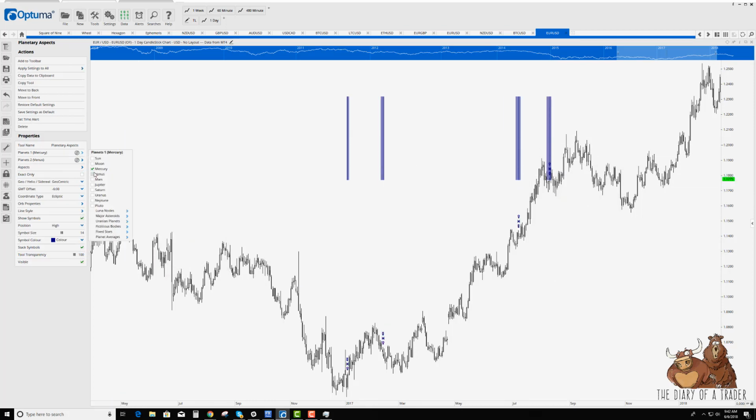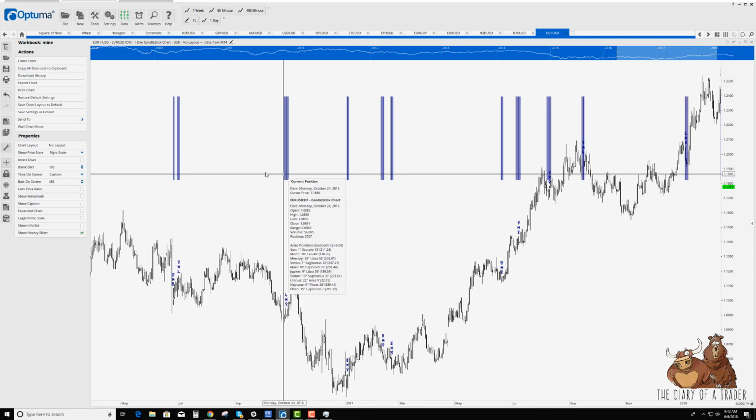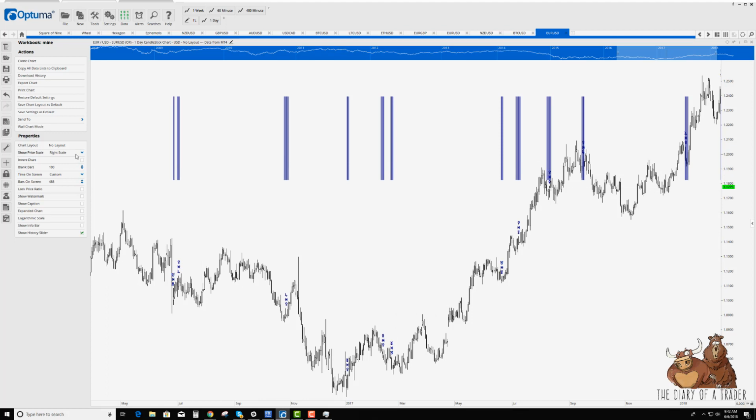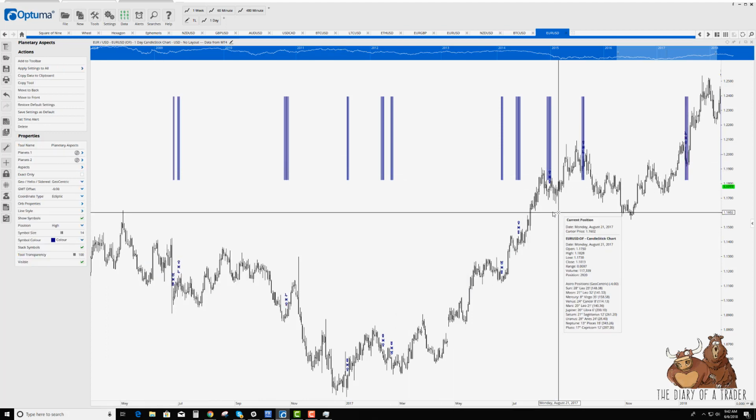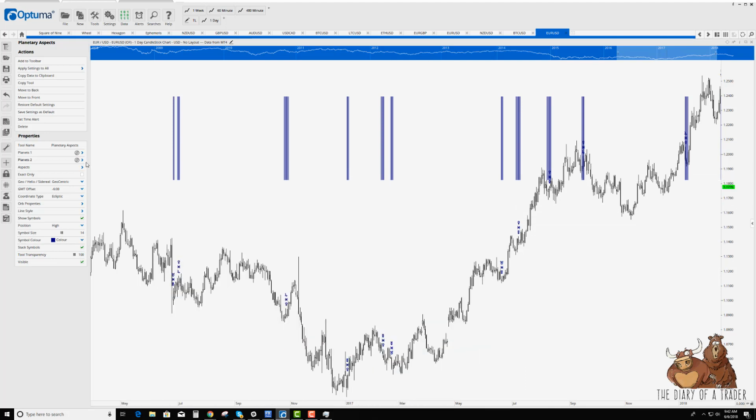And we're going to see that a lot when we use the slower planets like Jupiter, Saturn, and Uranus. And most of the slower planets are really where you're going to find most of the signal generation.